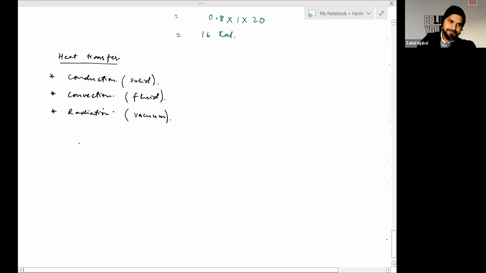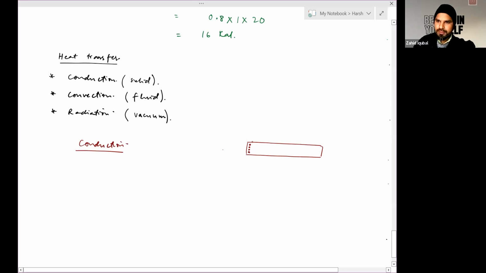So first is conduction. Suppose you have a solid in which particles are arranged at fixed points. Each will have some vibrational amplitude up to some specific distance.